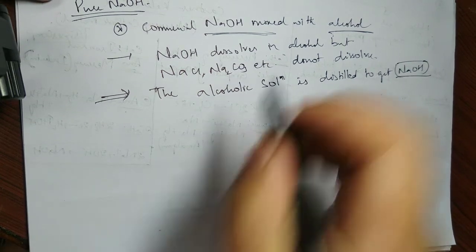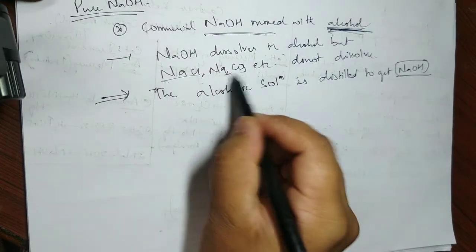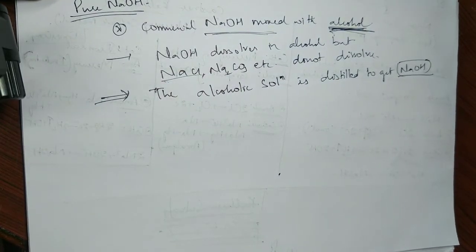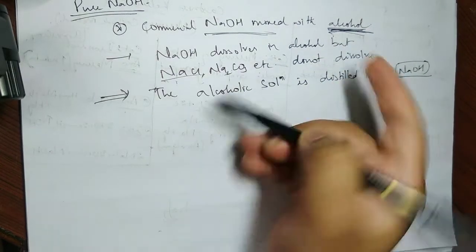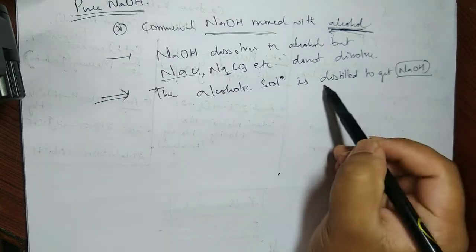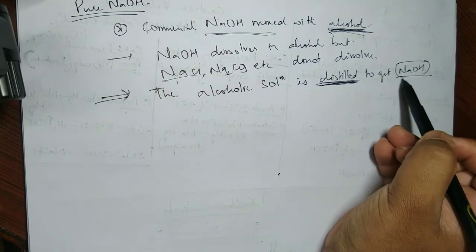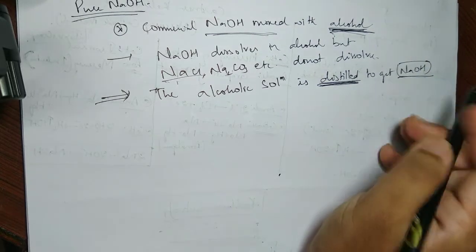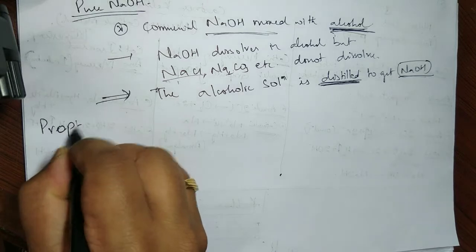Very simple. The point is: treat it with alcohol, because these impurities can be soluble in water, and they do not dissolve in alcohol. Then the alcoholic solution, you just distil, that is, evaporate. Automatically the alcohol comes out and the NaOH will be retained there. Fine, so that's all.